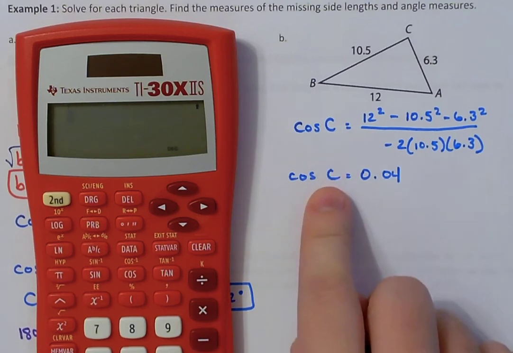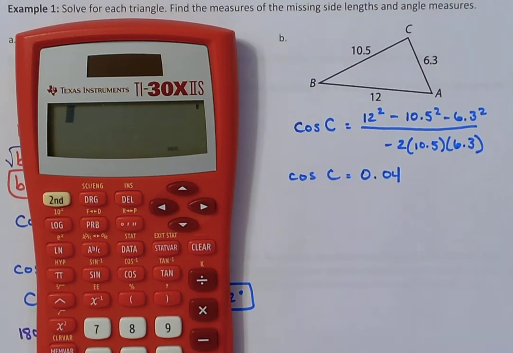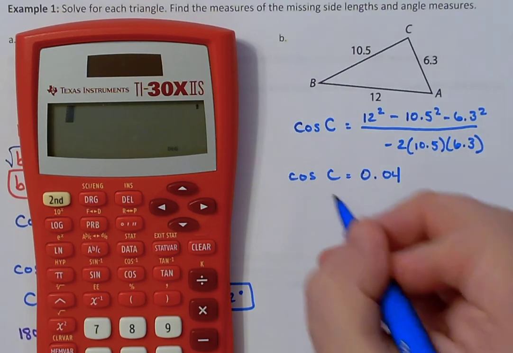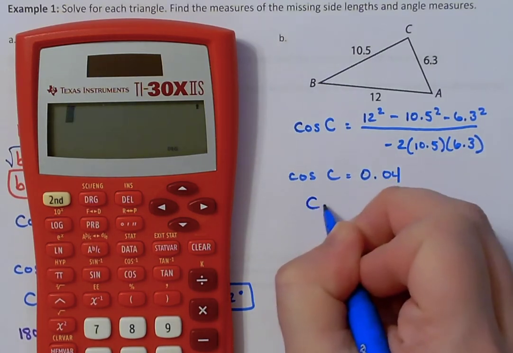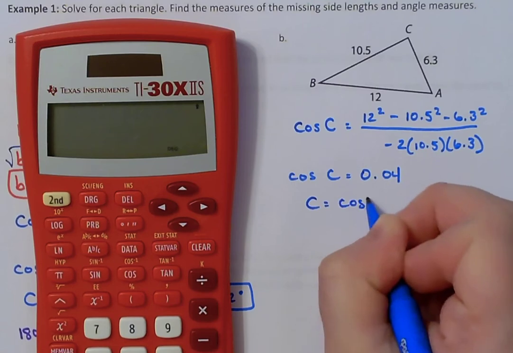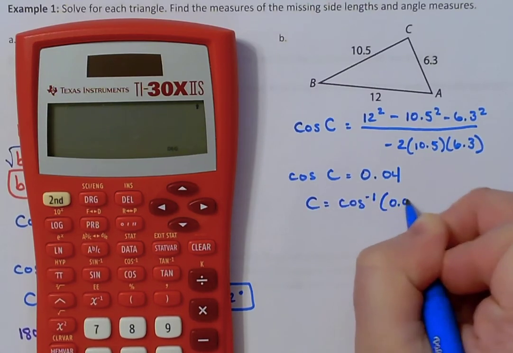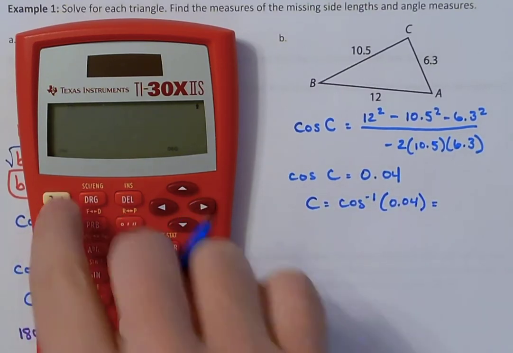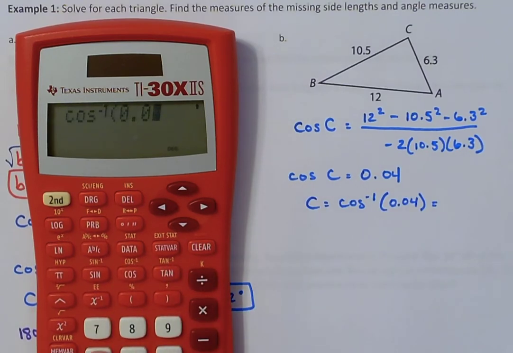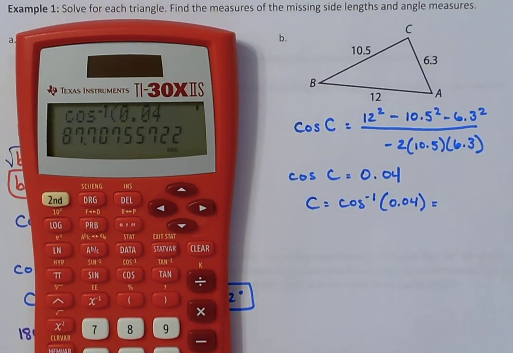All right, so now that we have cosine C equals 0.04, to figure out the measure of angle C, we're going to take the cosine inverse of 0.04, and we end up with 87.7.